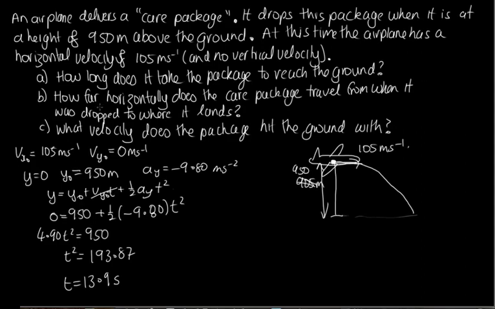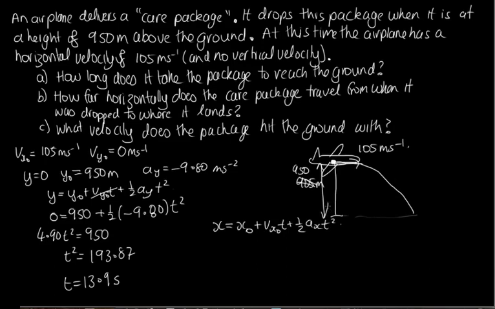Now part B, how far horizontally does the care package travel from when it was dropped to where it lands? So again, we can use this second kinematic equation, but in this case we need to work out its horizontal displacement, so we're going to have to use the horizontal version. So x is equal to x naught plus vx naught t plus a half ax t squared.